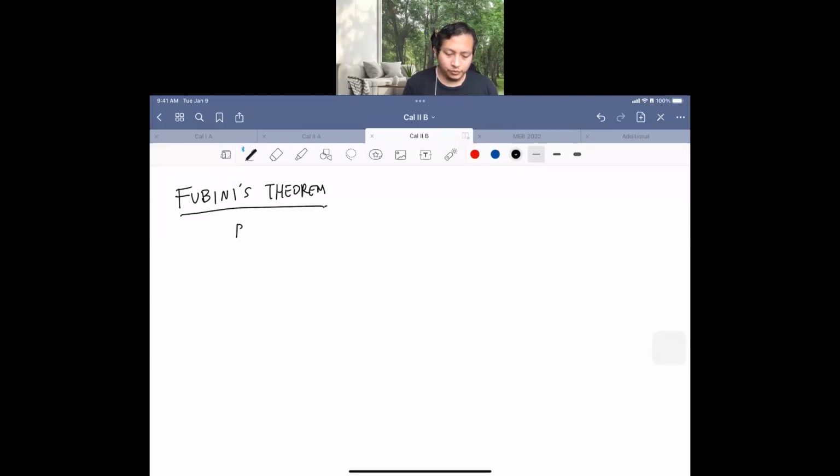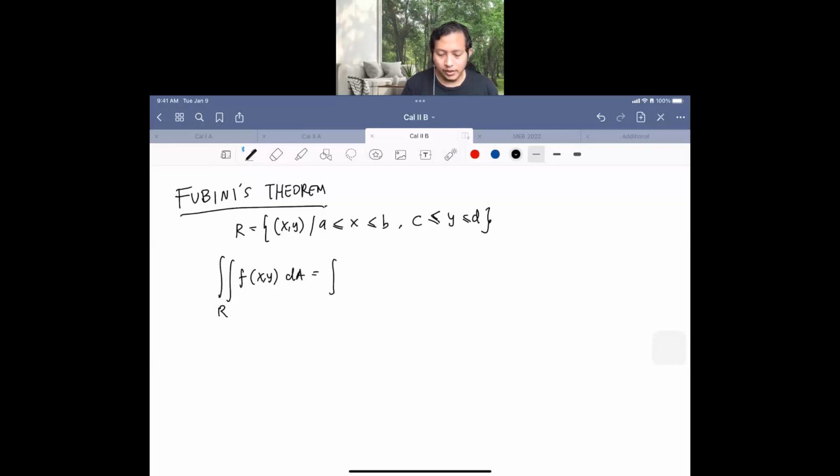This theorem says that if we have a rectangle that is composed of a to b for the x and c to d as usual for y, and we have a double integration of xy dA, if we start with dy dx, and then this will be c to d, a to b, we could exchange the order. We could substitute this and it becomes dx dy.